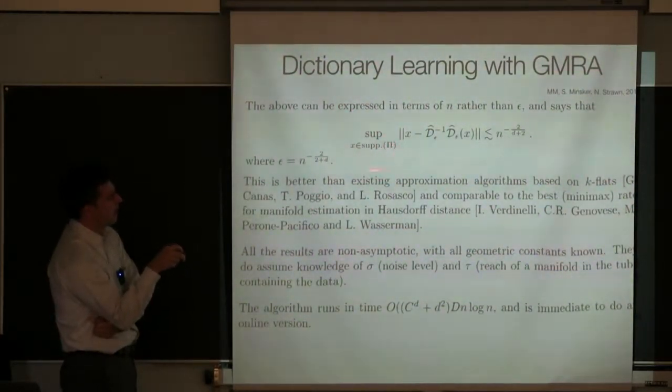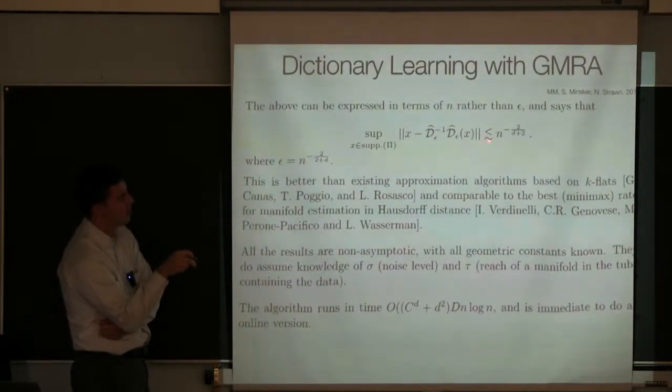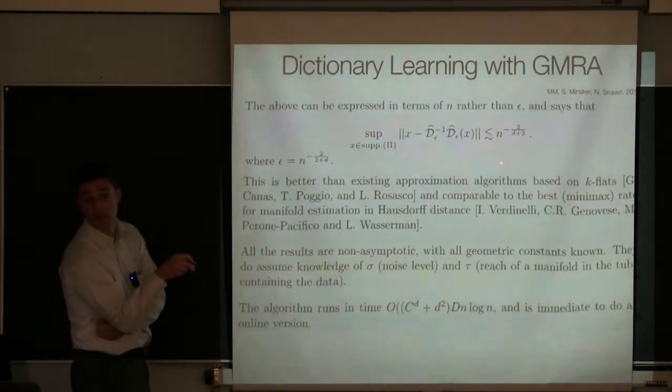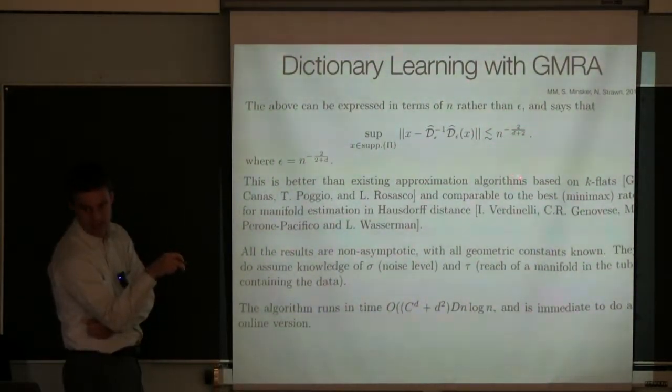It will say that when you collect data in the future, X comes from the probability measure, possibly in the future. You encode and you decode. The error that you're going to make with very high probability decays like n to the minus 2 over d plus 2. So the more samples you have in your training data, that's n, the better you will be doing in the future, at this rate. And note that in this rate you have n to the minus something divided by d, and that's a manifestation of a curse of dimensionality.